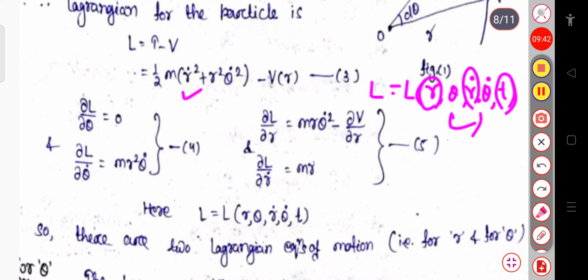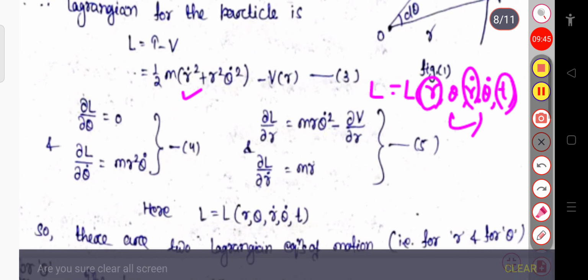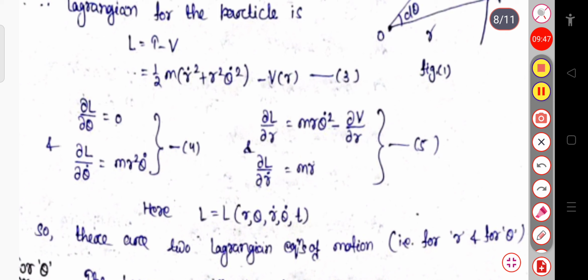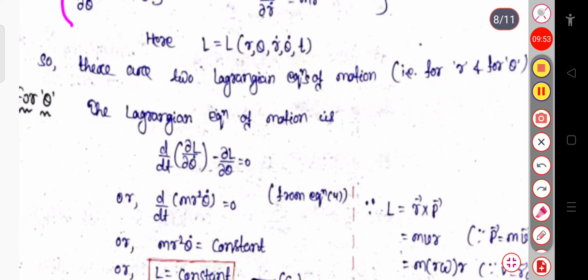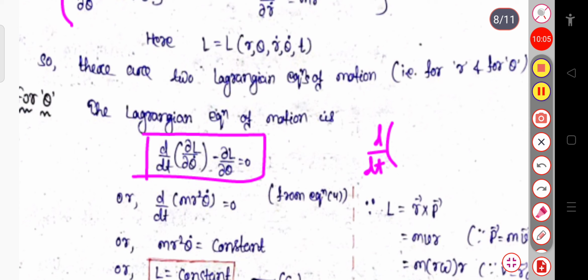Now first of all let us calculate dou L by dou theta and dou L by dou theta dot, because you know the Lagrangian equation of motion for the theta coordinate you can write d by dt of dou L by dou theta dot minus dou L by dou theta equal to 0. And similarly for the r component you will write d by dt of dou L by dou r dot minus dou L by dou r equal to 0.